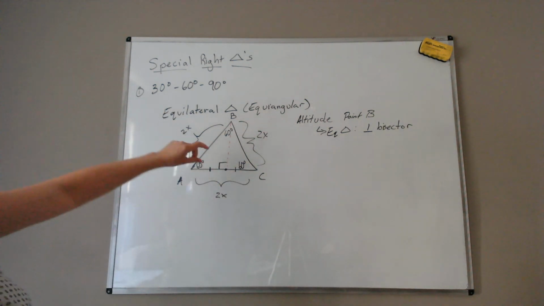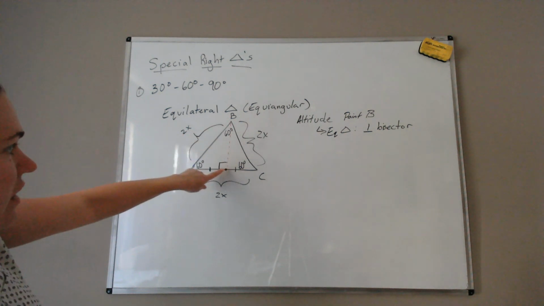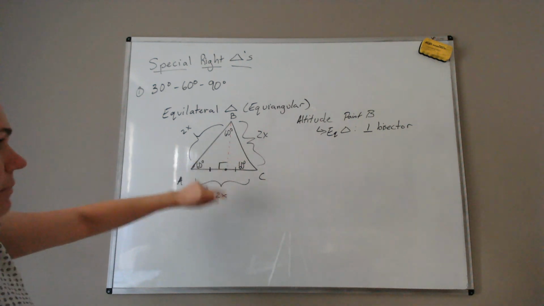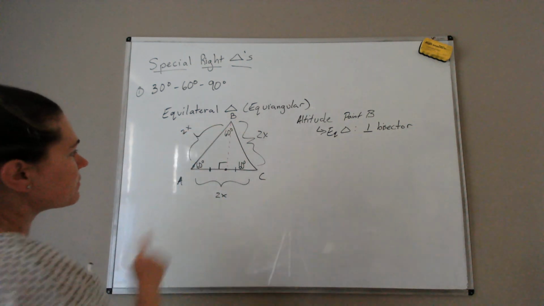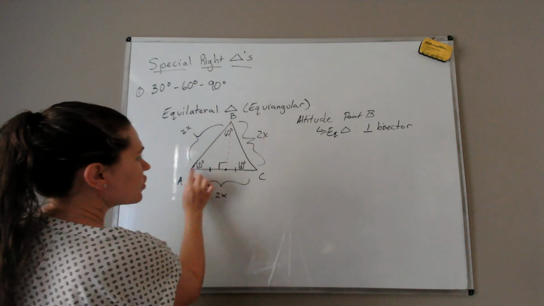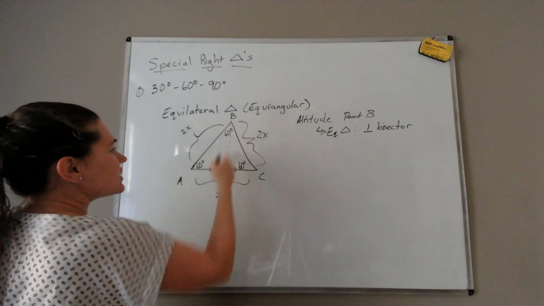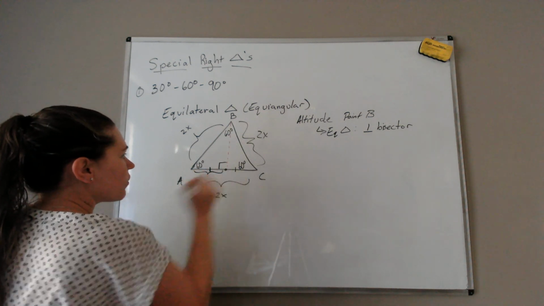Now, think about this. If I were to zoom in on this triangle, I have two triangles I've created now. If AC was worth 2x, and this altitude just cut it in half, then what is this worth?